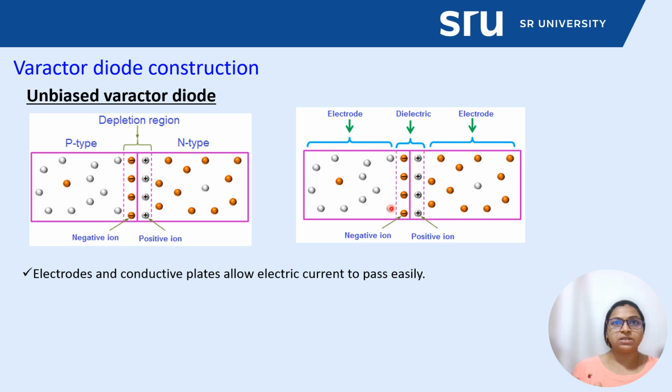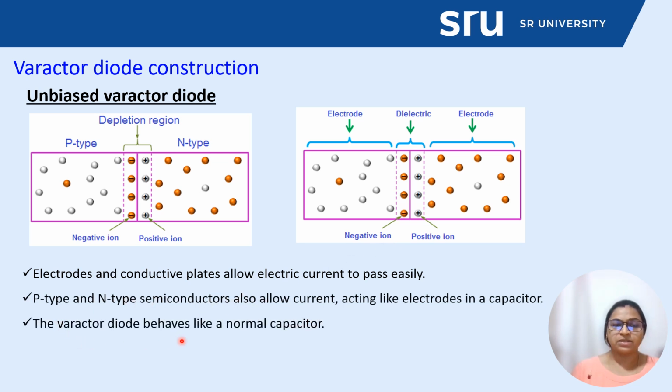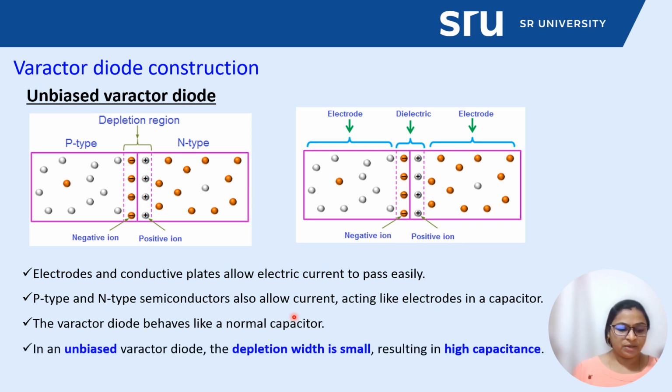In an unbiased Varactor diode, the depletion width is very small, so capacitance or charge storage will be very large. It is very important to note that in an unbiased Varactor diode, the depletion width is very small, resulting in high capacitance.